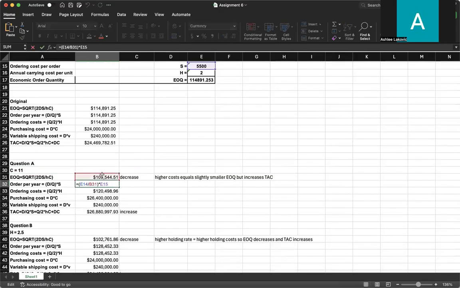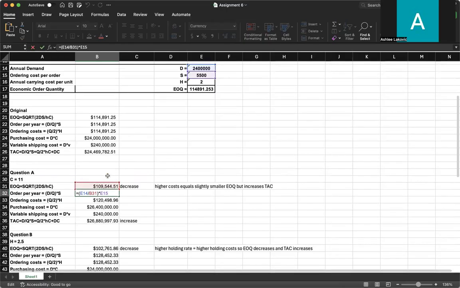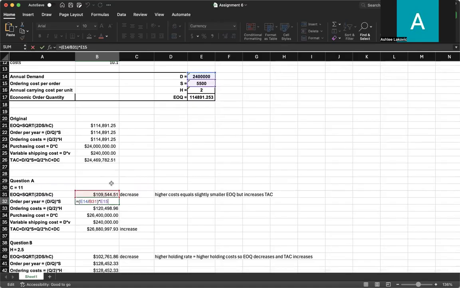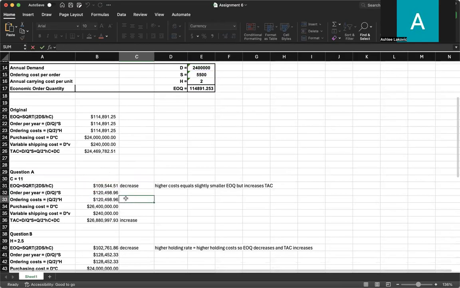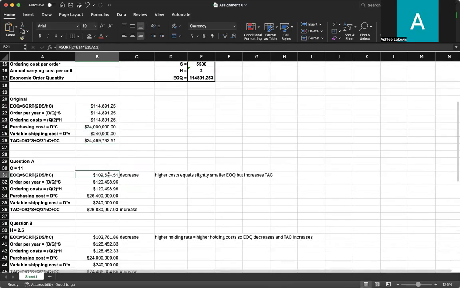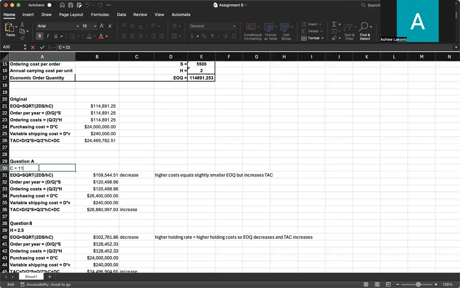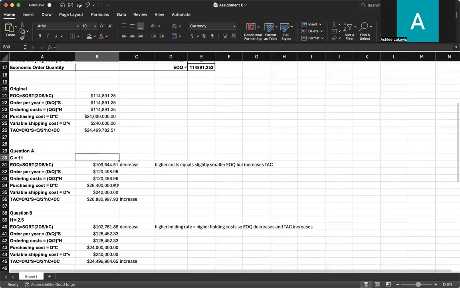Again, with these, it's the EOQ, the demand divided by EOQ times the ordering cost per order. So same thing that we did up here, we are doing down here, just using the reference of the cost change from 10 to 11.